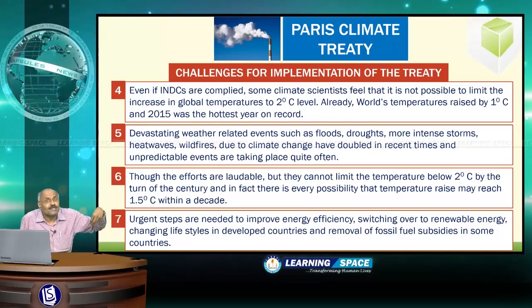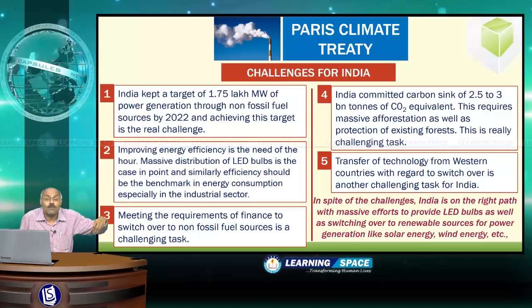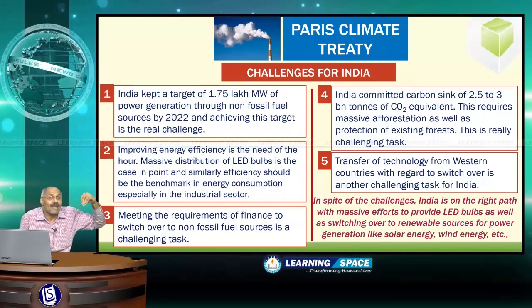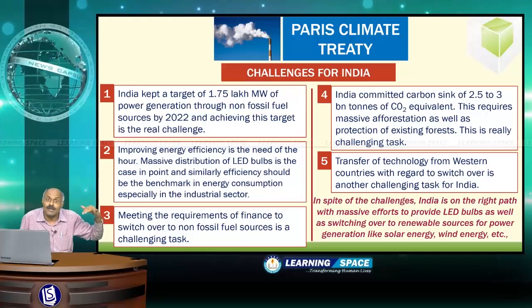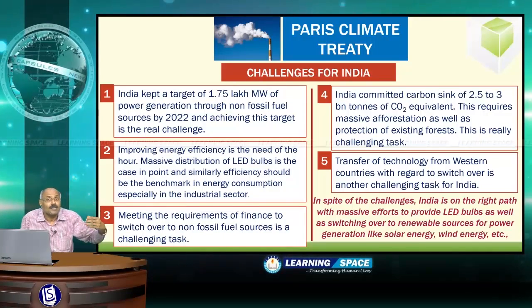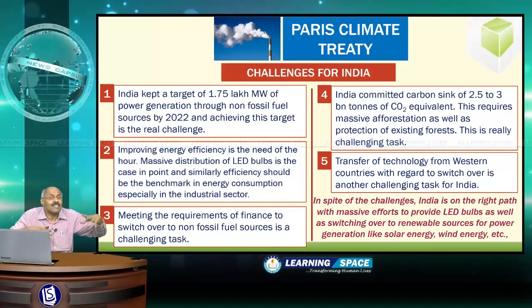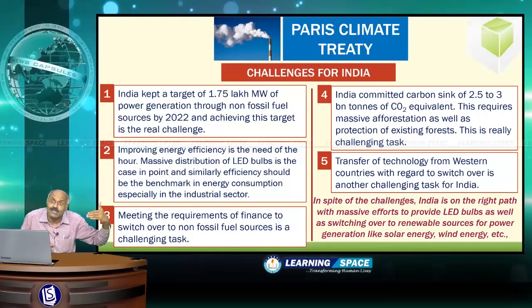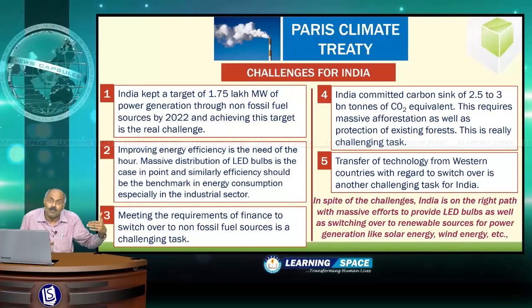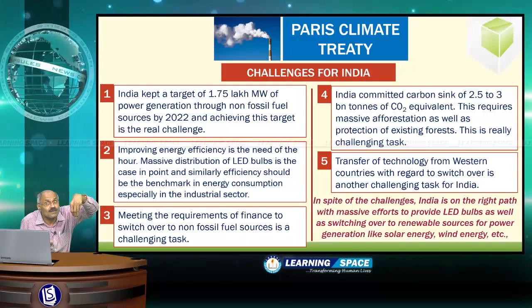And if you look specifically at India, India has kept a target of 1.75 lakh megawatt of power generation, or you can say 1,75,000 megawatt of power generation through non-fossil fuel sources by 2022, and achieving this target is the real challenge. Second important point is improving energy efficiency is the need of the hour.